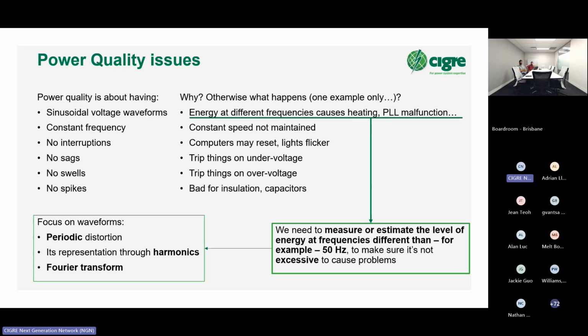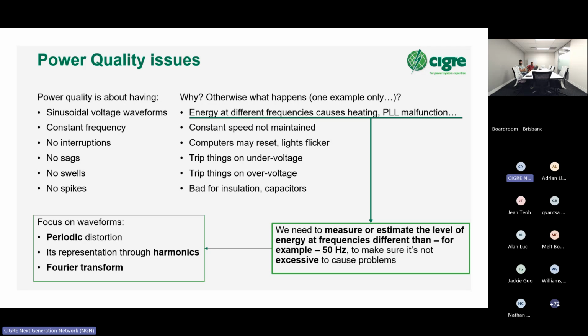Otherwise, things don't maintain a constant speed. No interruptions. Otherwise, your computer may reset. We don't want voltage to sag or swell because things may trip on under or over voltage or on over current if it sags too much. We don't want spikes because they are bad for the insulation and for the capacitors.